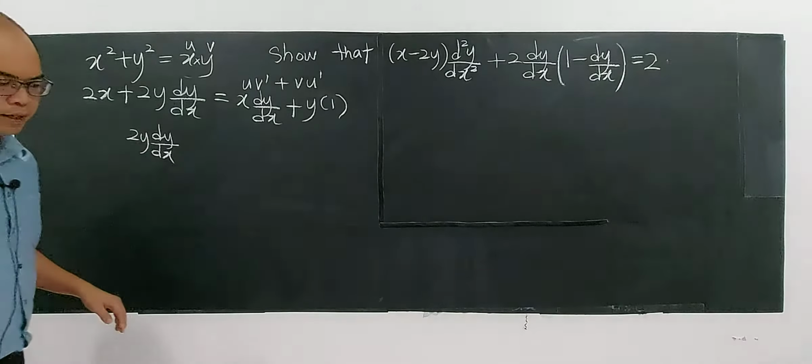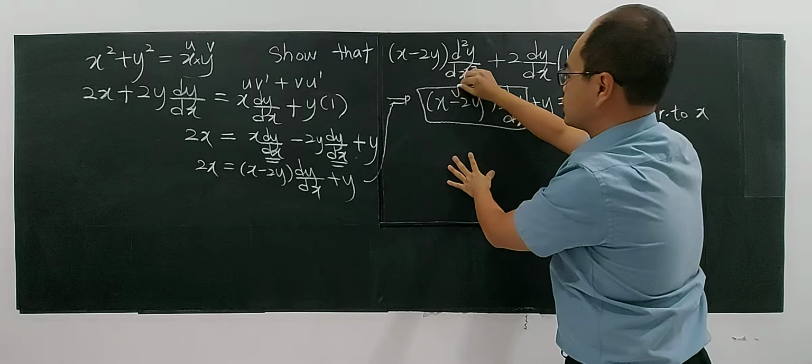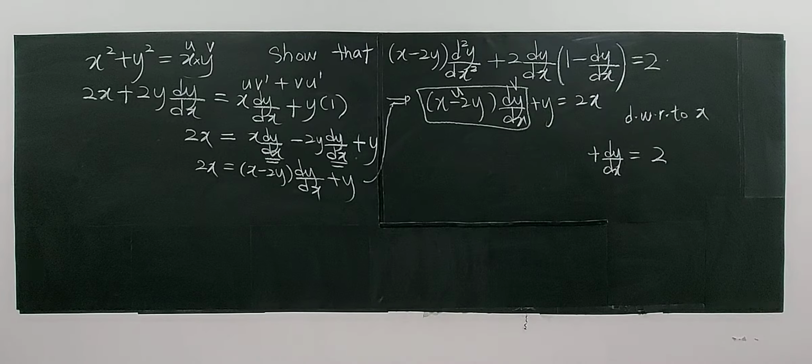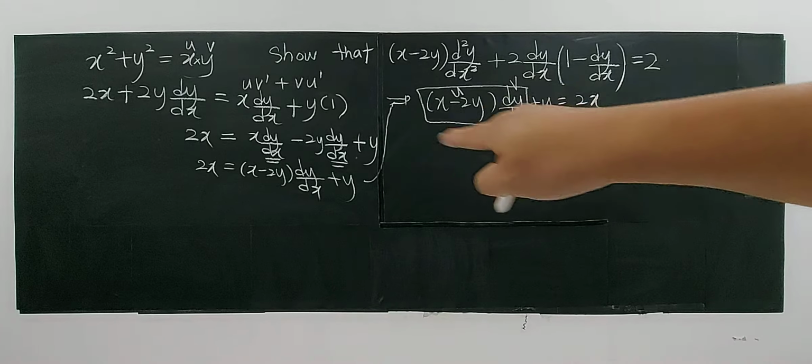Differentiate y, you have dy/dx. How about this part here? This part is a product. The bracket x minus 2y as your u, and this whole thing as your v. So you have to apply the product rule for this part.